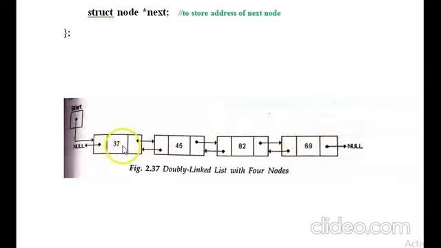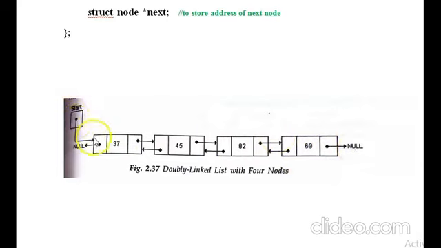So the first node will always point to null as the previous node because there is no node to the left of this first node. So the previous link in the first node will always be null, and the next link of the last node will always be null.